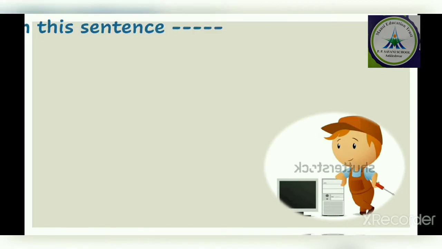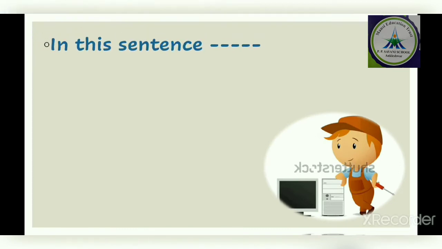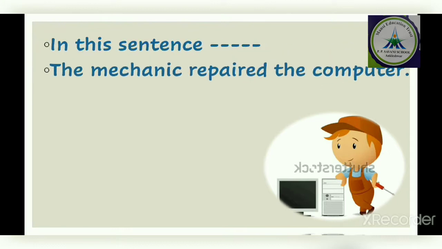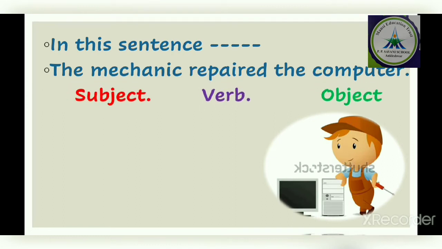So, what is the sentence? The mechanic repaired the computer. The mechanic is the subject. Repaired is the verb. And what is the object in this sentence? The computer.